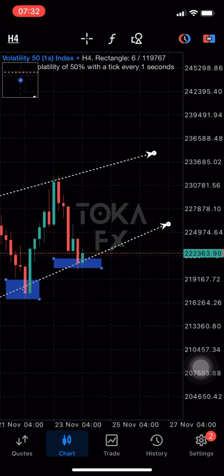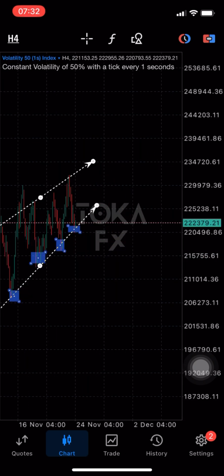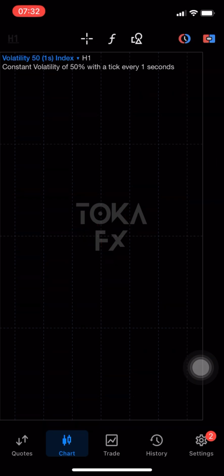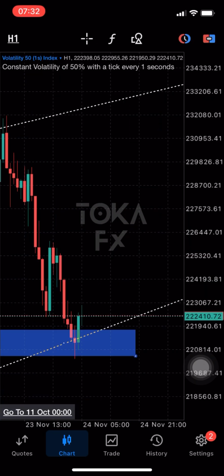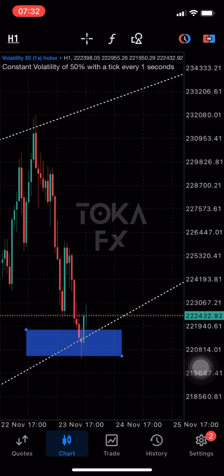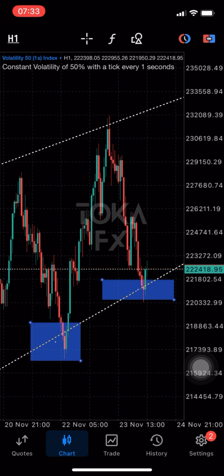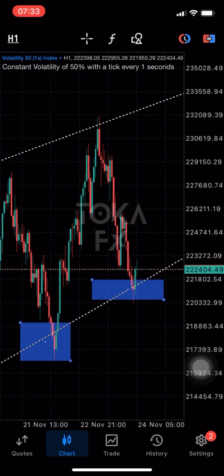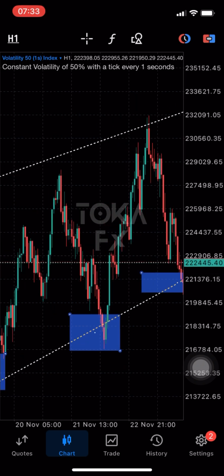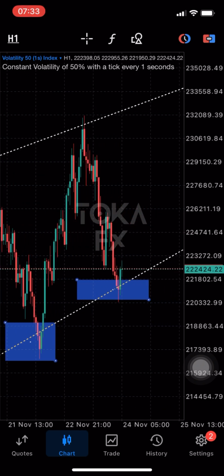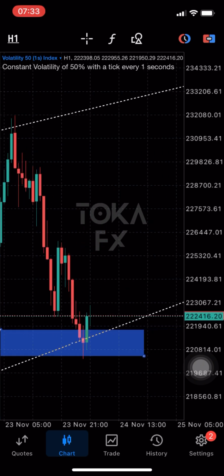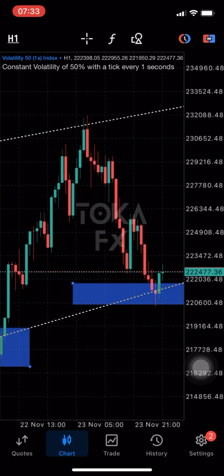This is a strong level of support because of our diagonal supporting trend line there. So yeah, this is how it is. I'm just going to go ahead and buy the market at exactly that level, because it's very clear to me what the market is trying to print.